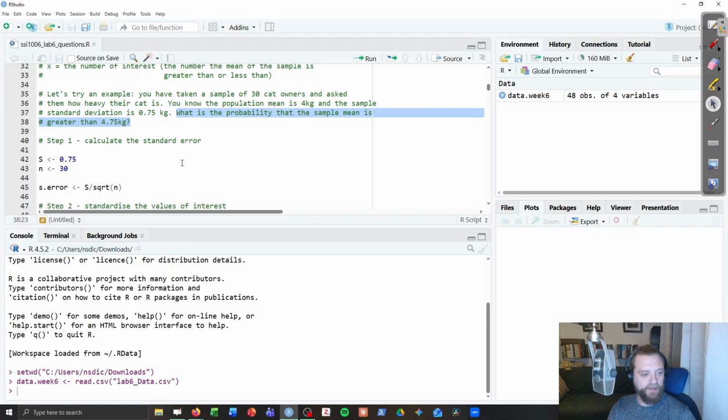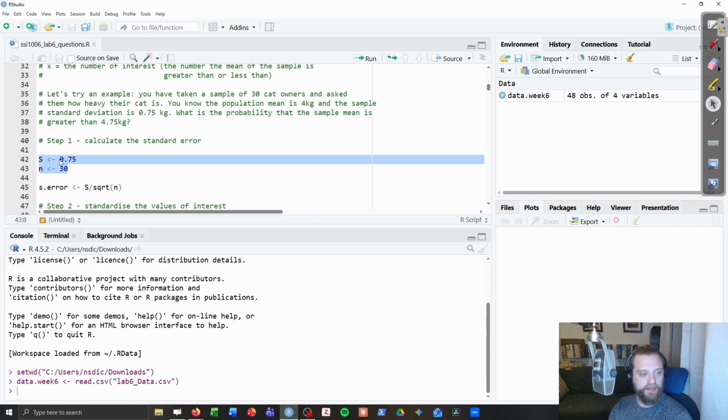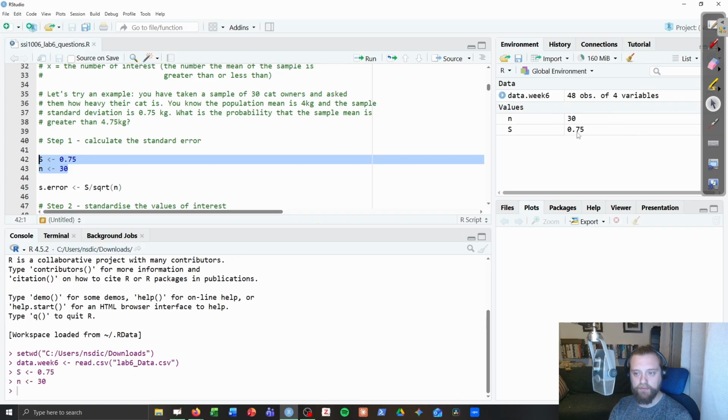Now, the way we do this is we move through a series of specific calculations. And the first thing we're going to need is the standard deviation of the sample and the n, so the number of observations. So the number of observations is 30, and the standard deviation is 0.75. So I'm just going to read these into the data here.